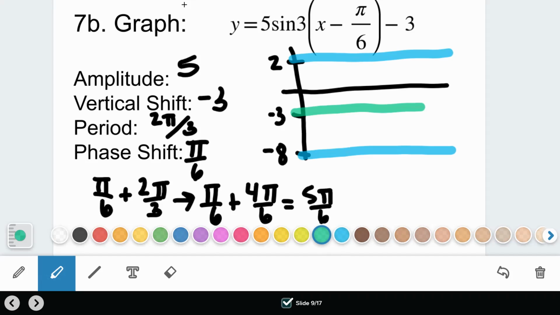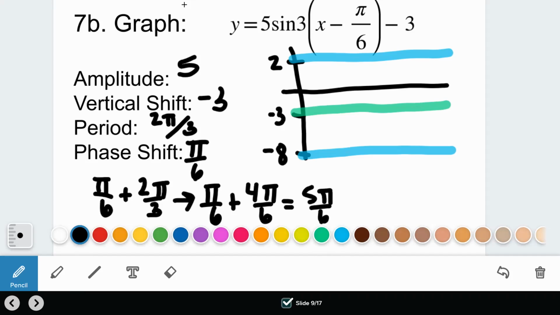And our vertical shift is going to be here at -3. Now we're going to be having 1, 2, 3, 4, 5 marks. And the first one is going to start at pi sixths. The last one's going to end at 5 pi sixths.